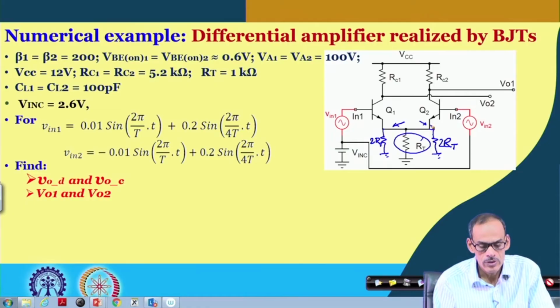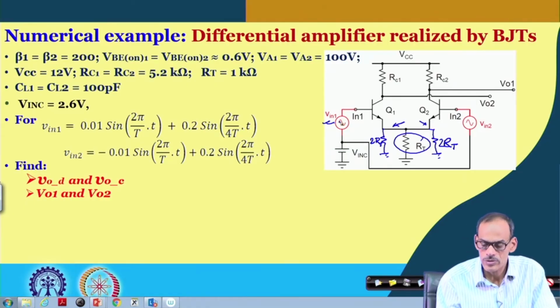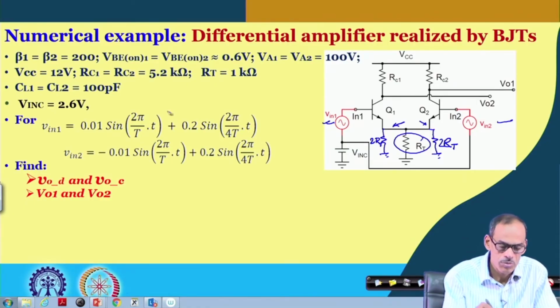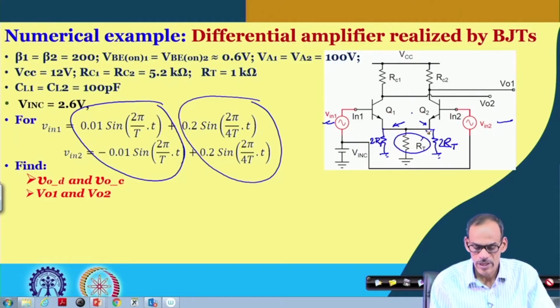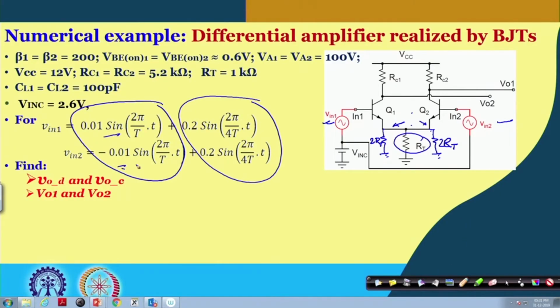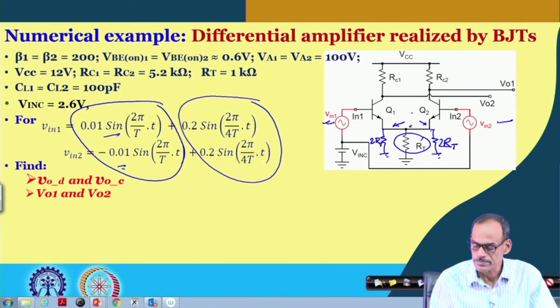Now here at the input the stimulus has both differential as well as common mode parts. So, in this actual circuit, if you split these two resistors, we would like to see what signal amplitude you get at the emitter and the output.